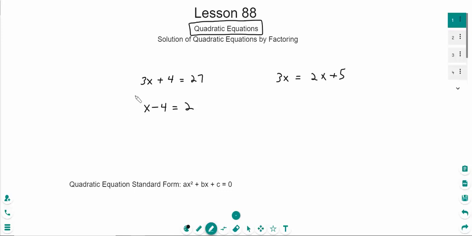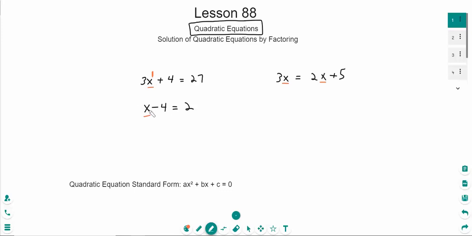The first degree. So look at the variables in this equation, in particular the variable x. For all of them, the highest degree that we have for x is just 1. In the first equation, there's only one x, and it has a degree of 1. That's the highest power.